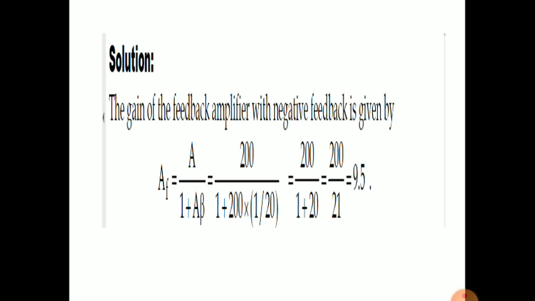Right. So those are the values, but observe the results. Without feedback we have 200 as the gain, but with the feedback we have around 19.5, right? So it drastically reduced. So that is the formula we use to get the AF value.